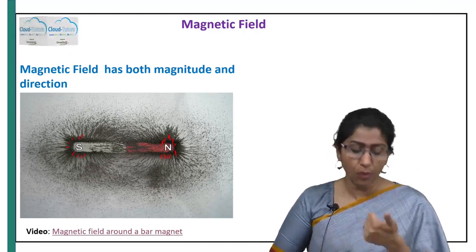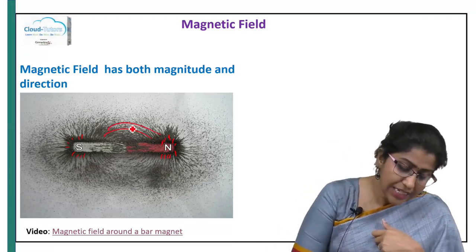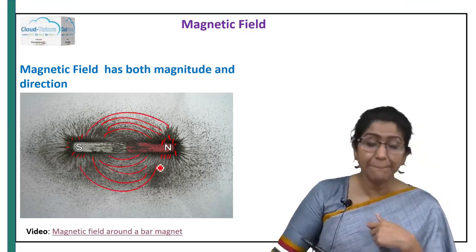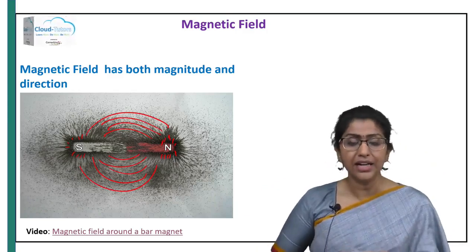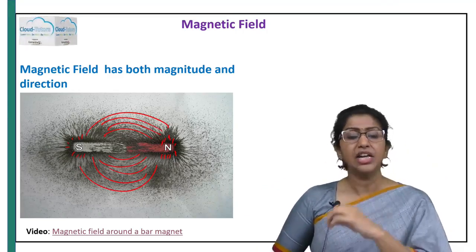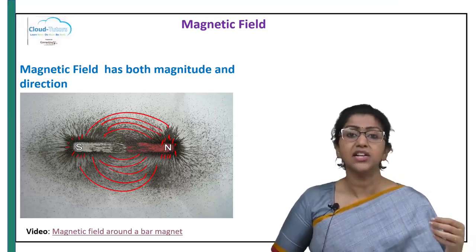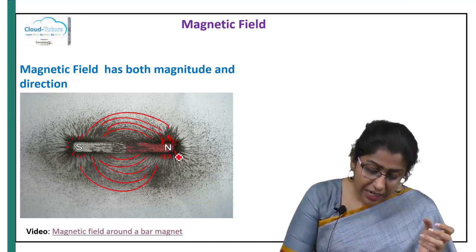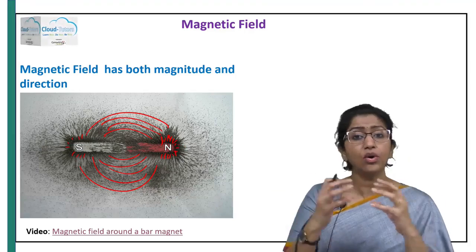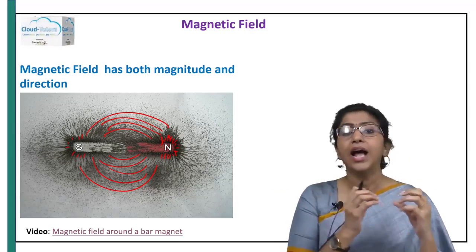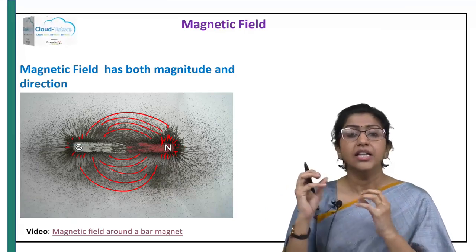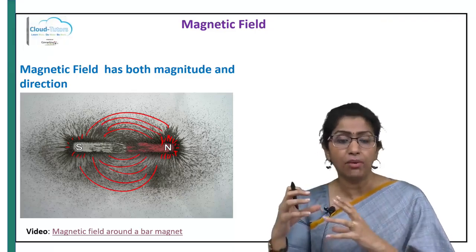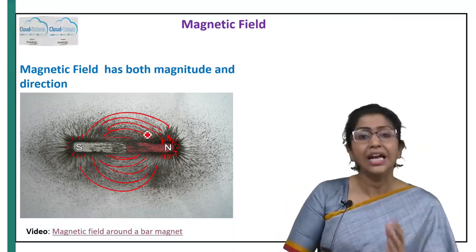We can conclude that one thing is that this pattern that you see shows us the magnetic field around the bar magnet, and the pattern in which the iron filings have arranged themselves is called the magnetic field lines. Another thing is that since the iron filings have stuck so closely to the north pole and south pole, we can conclude that the magnetic field strength of a given magnet is the strongest at the poles and it is not so strong in between them.